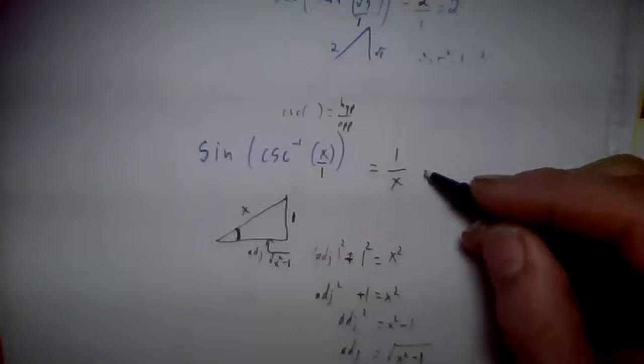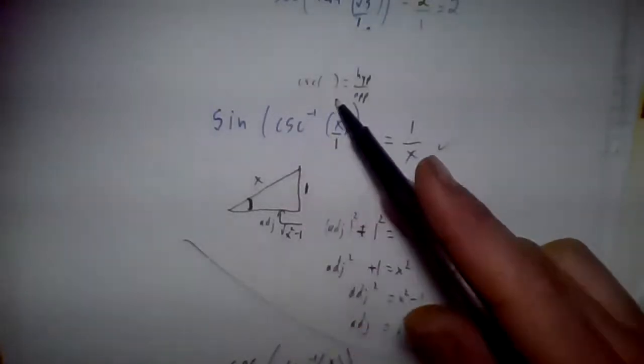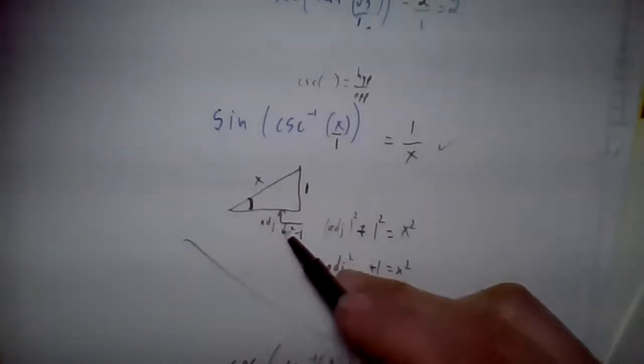I could do, if I wanted, cosine of cosecant inverse of x over 1. That's the same piece on the inside, so it's the same triangle. The cosine of that angle would be adjacent over hypotenuse. I can do any of these things off from that same triangle picture.